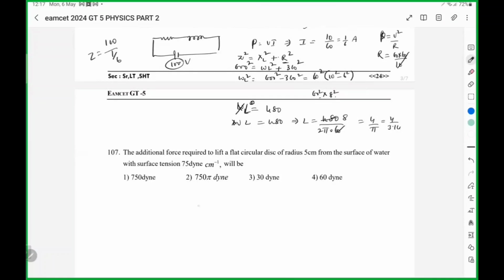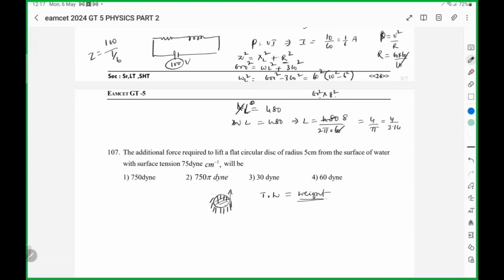Additional force required to lift a circular disc. So the liquid layer is in contact with the boundary of the disc. Surface tension force acts along the boundary, which is equal to the weight of it.